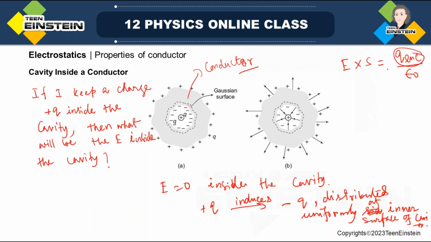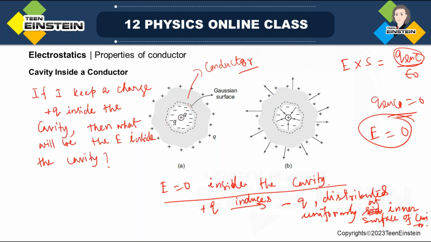Since I have equal and opposite charges inside the Gaussian surface, Q enclosed will be 0. So this implies the electric field is also 0 inside the cavity. That is what we have proved here.